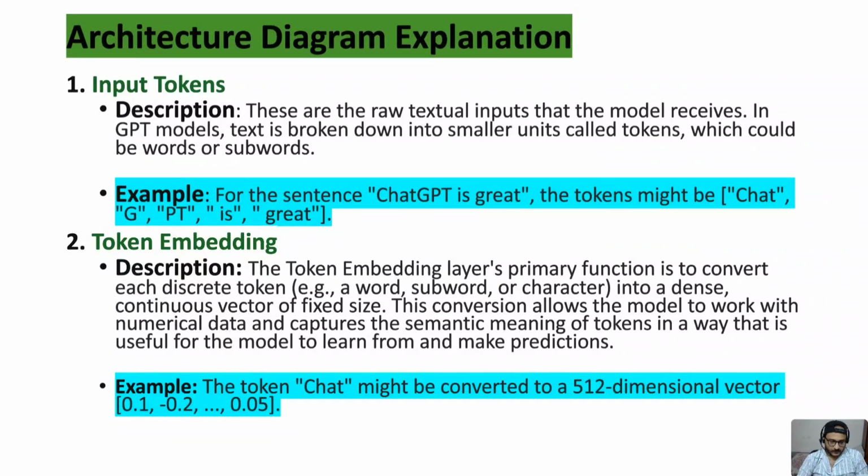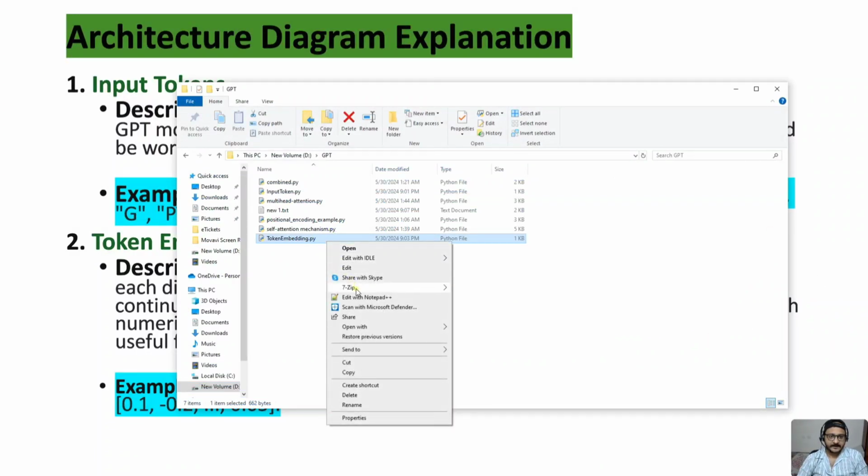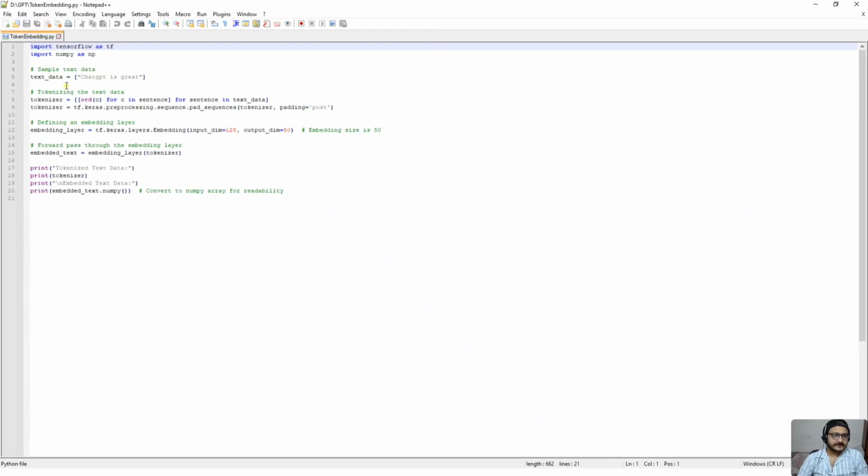Let me go to the script file. This is the script file for token embedding. Let me edit it. You can see here the text data is "ChatGPT is great," the same sentence I used in the input token layer. Now we will see how token embedding works for this sentence.